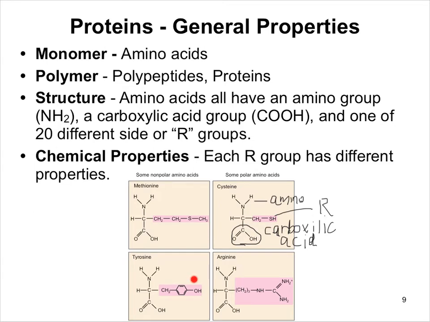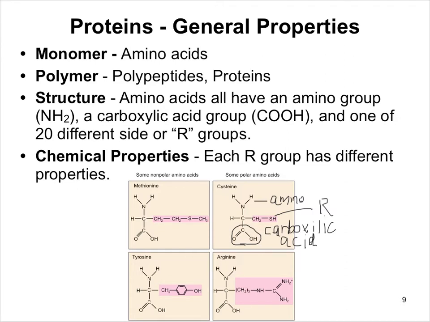Whereas down here, this tyrosine, is an interesting one because this region in the middle is very, very nonpolar, but it's got this OH at the end that can form hydrogen bonds. So you can have hydrogen bond forming portions in the R group.